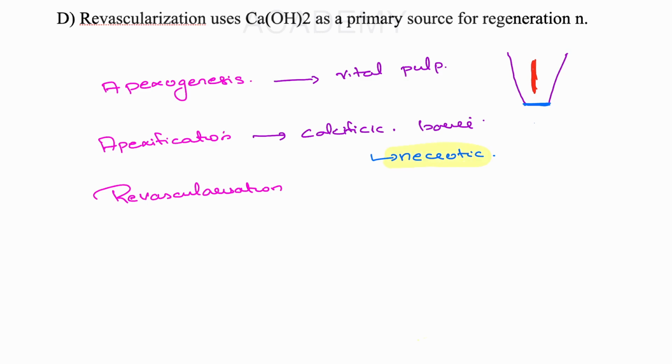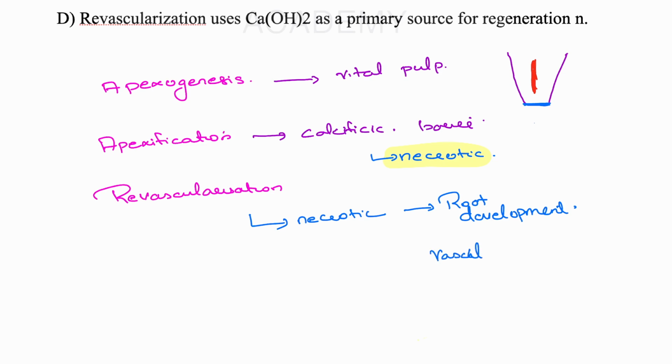Now what exactly is done in revascularization? Technically it's a combination of apexification and apexogenesis in understanding. That is, we have a necrotic pulp, we don't have any vital pulp tissue, and what we do is help continued root development, along with the development of new vascularization.